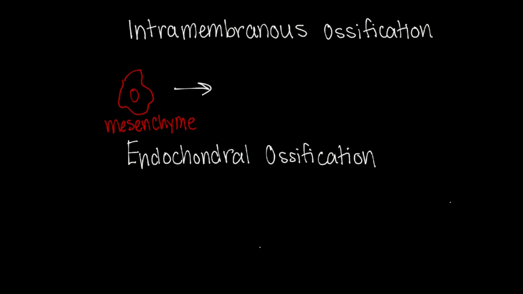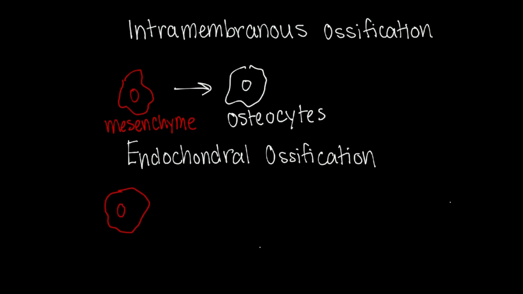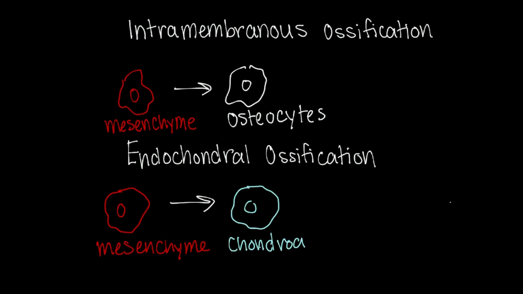So in terms of intramembranous ossification, you're going to have mesenchymal cells that directly ossify and form osteocytes. And then endochondral ossification is a very different process. We have mesenchymal cells, and mesenchymal cells are going to differentiate into chondrocytes, and then the chondrocytes are going to differentiate into osteocytes.